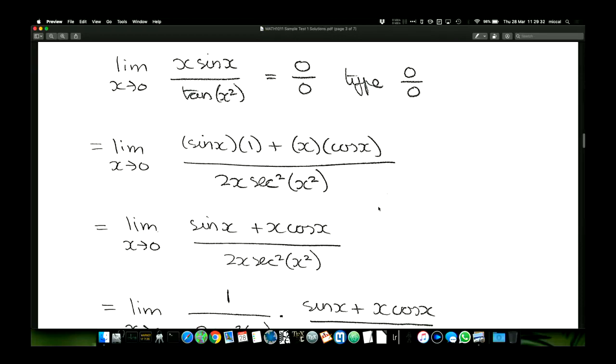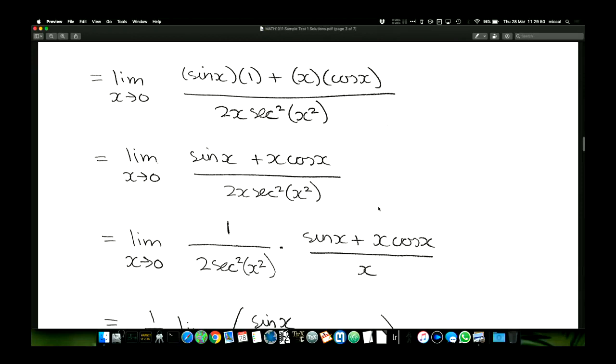I know that sec is 1 on cos, and of course cos of 0 is 1, so the sec squared bit, with the x squared down the bottom, as x goes to 0, that just goes to 1. So if I rewrite this thing slightly and pull that bit out, you often use the limit laws without thinking.